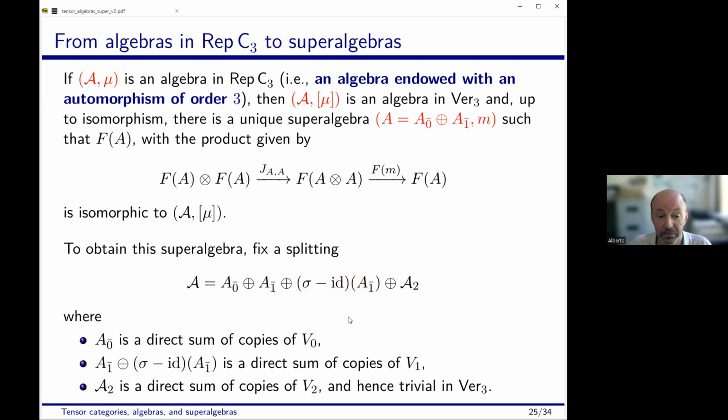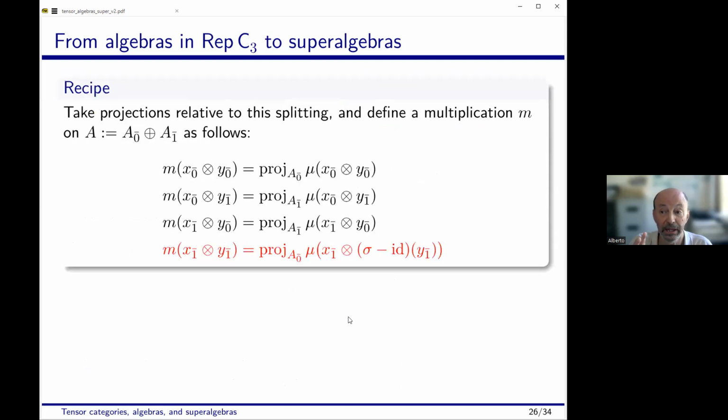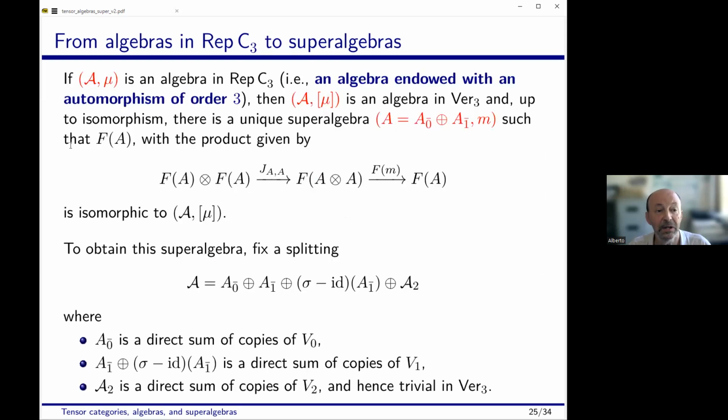And now here's the recipe. One works with all the definitions carefully. We have started with an algebra in this category. This means an algebra with an automorphism sigma of order 3. So we start with this algebra. As an object, it splits in this way, as a vector space.